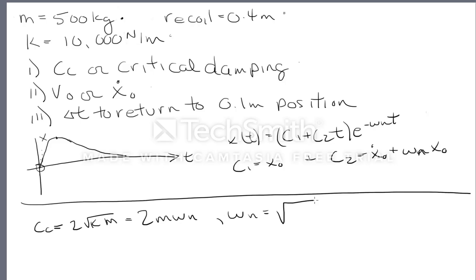Omega n equals square root of k over m, equals the square root of 10,000 over 500, equals 4.4721 rad per second.